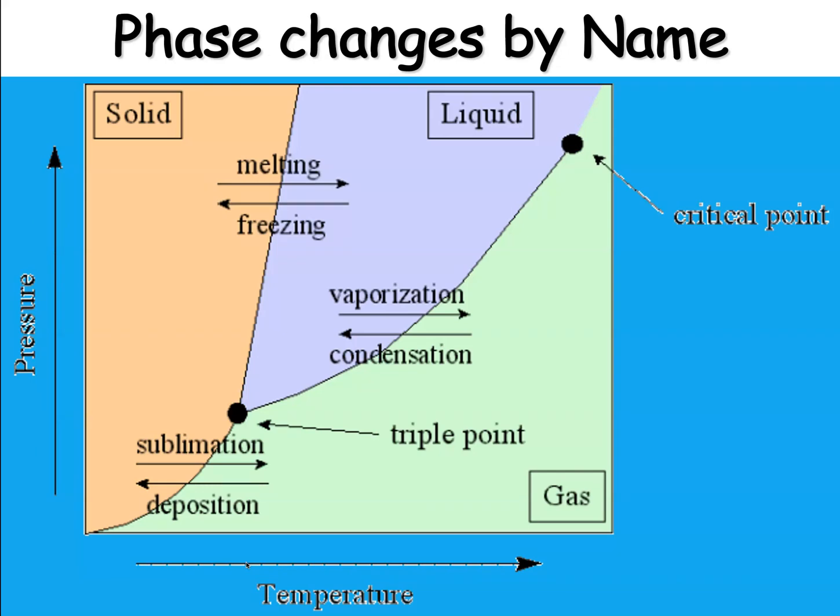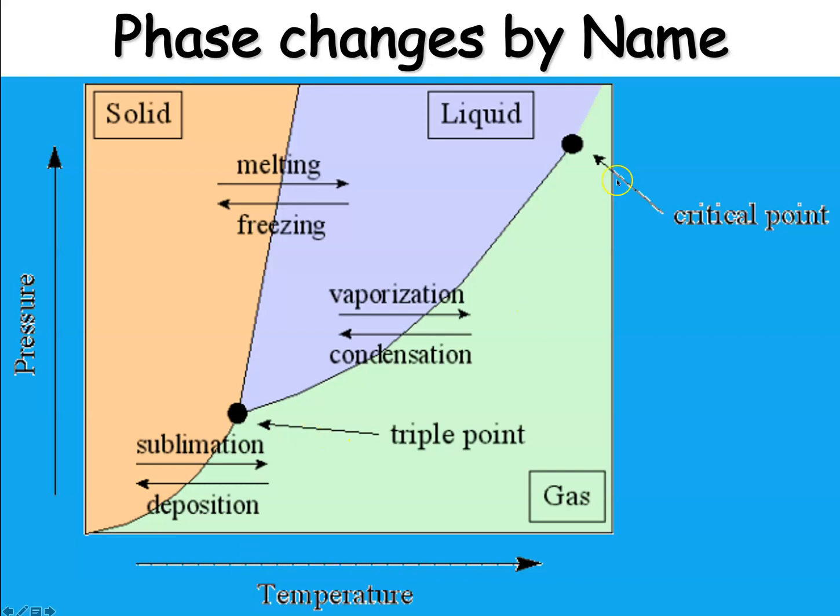So here's just a generic phase diagram. We all know the states, solid, liquid, and gas. We should all know the processes at each line. If you're on a line, you're in equilibrium with those two phases. We should know how delta H, being exothermic or endothermic, plays a role with all these processes at each line.